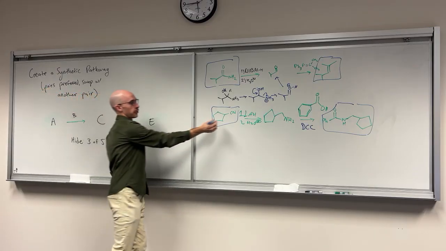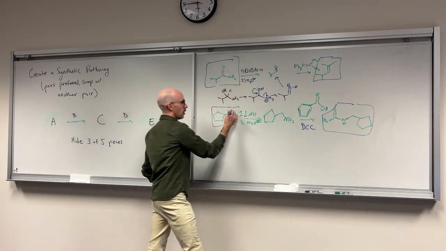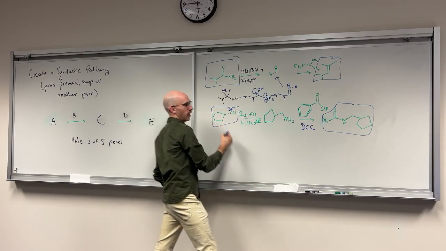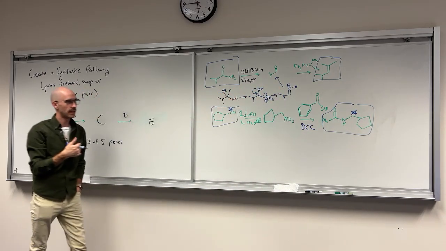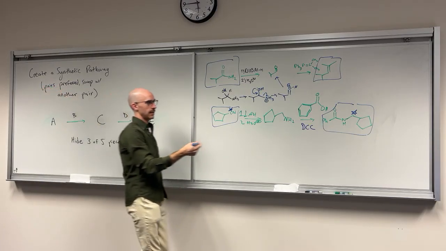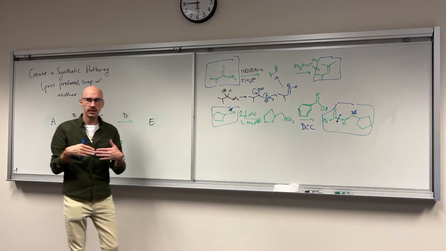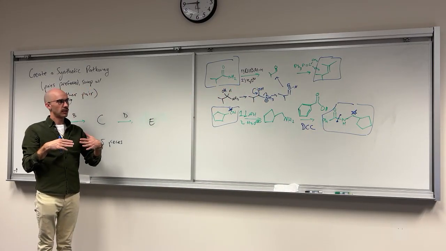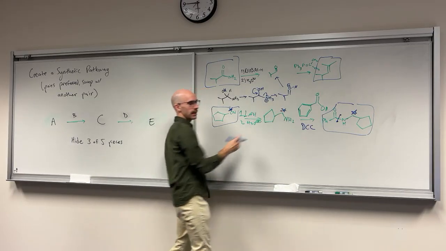That means that this group, the cyclopentyl, has to be this cyclopentyl, which means this carbon here of the nitrile must be this carbon here connected to the amide. So we need to create an amide, and that means having a carboxylic acid intermediate reacting with an amine, and here's what that amine must look like.